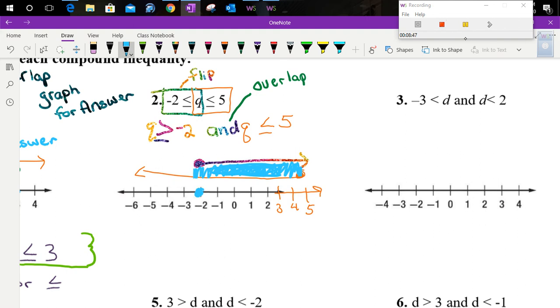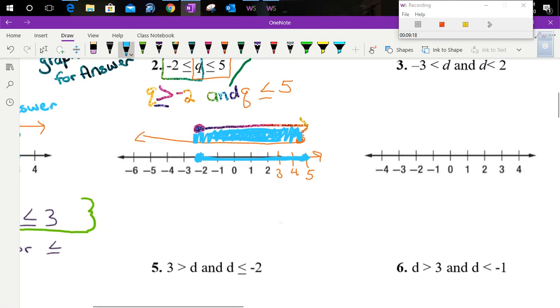We're going to put a closed circle at 5, and then a line in between as our answer. Because anything that we have put on our answer has to make both of these statements true. So if I picked 1 here, and I plugged 1 in for Q, 1 is greater than -2. That's true. So I have to put it in here. 1 is less than 5. That's true. So that could be one of our answers.